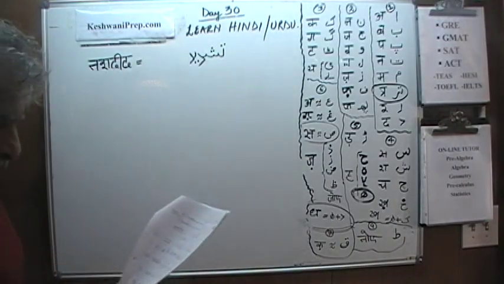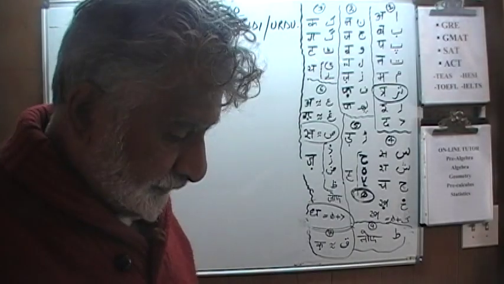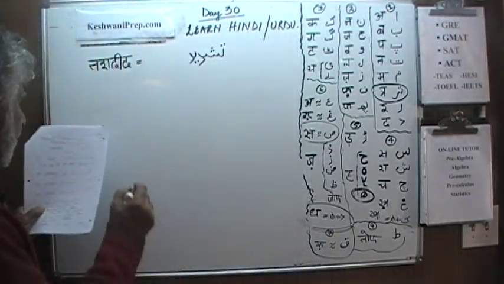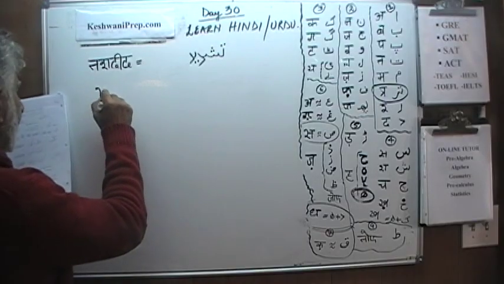The next word we're going to write is a bit tricky. Even though I don't need to, I'm going to write everything in English here because I find it interesting.